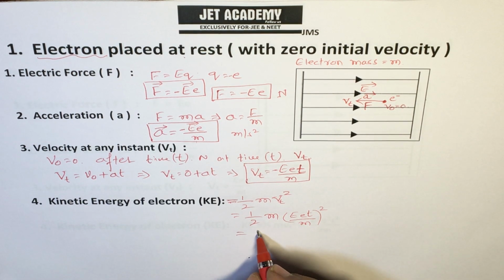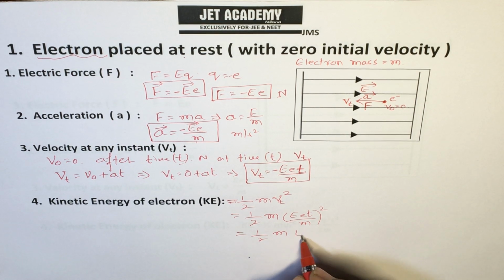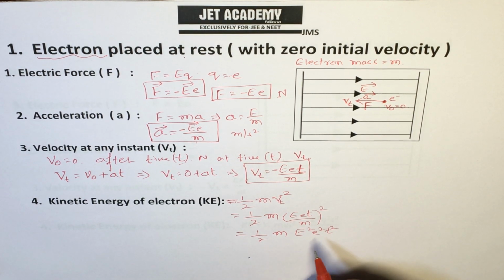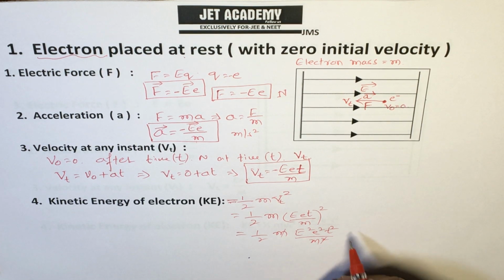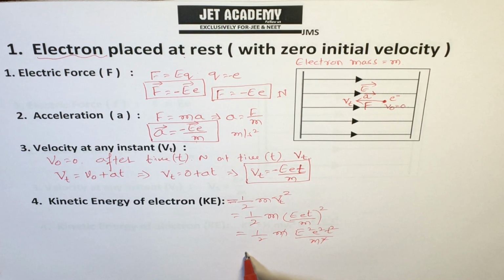This is equal to 1 by 2 m into e square E square t square by m square. Finally, the kinetic energy equation, remember this is very important, is e square E square t square by 2m.